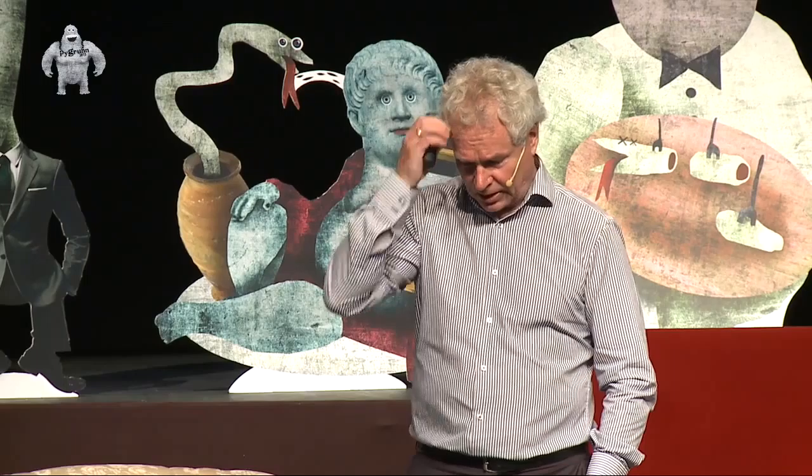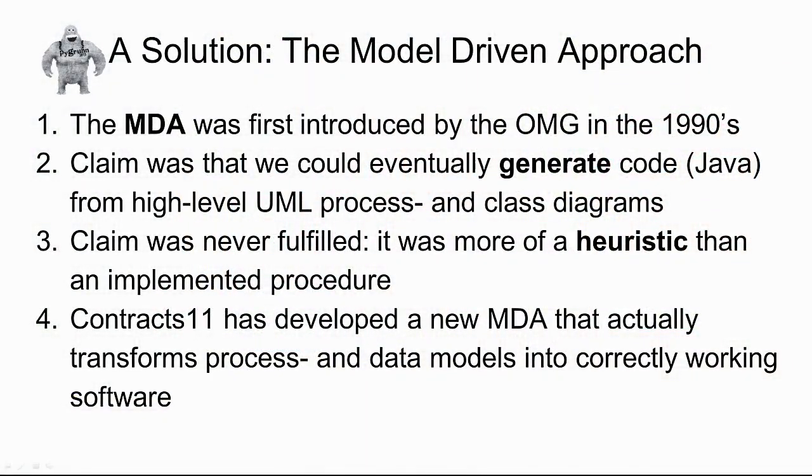Like I said, the MDA, model-driven approach, was first introduced by the Object Management Group. A lot of people, when they hear the Object Management Group, think, oh my God. These are the people that have forced UML down our throats, for example. The claim was originally that you could start from high-level UML models, process models, activity diagrams, class diagrams, and then this was the dream, you could generate Java from these models.